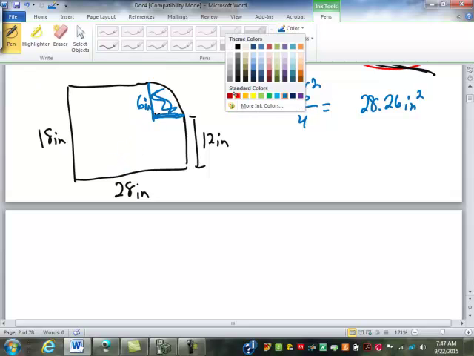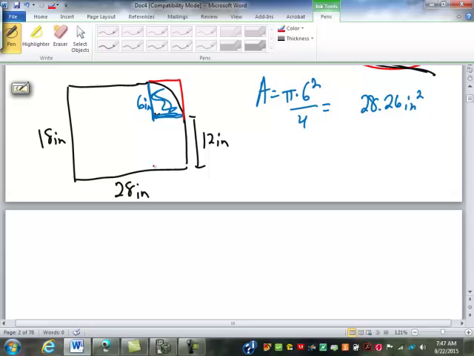If we did 18 times 28, that would give us this whole thing. We'd have to subtract out that square. We could do that. So 18 times 28 is 504. Then we have to subtract out a 6 by 6 square. That's 36.